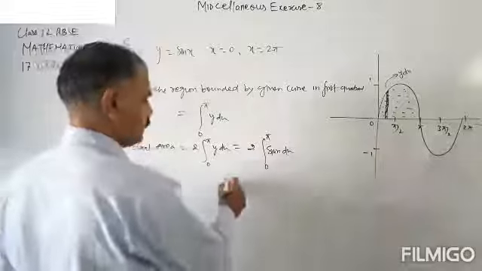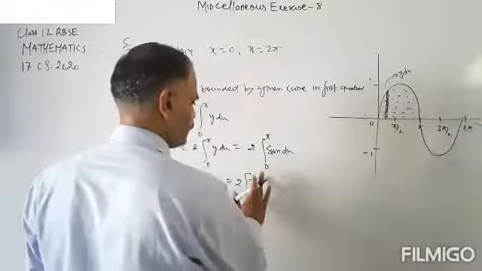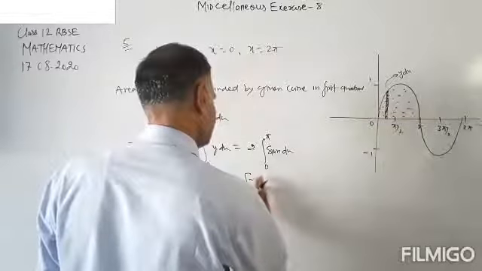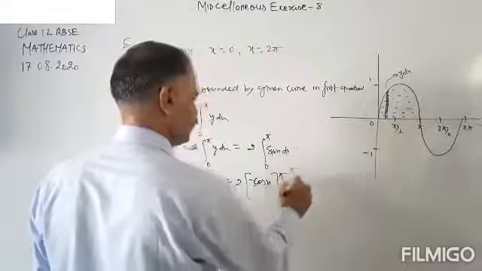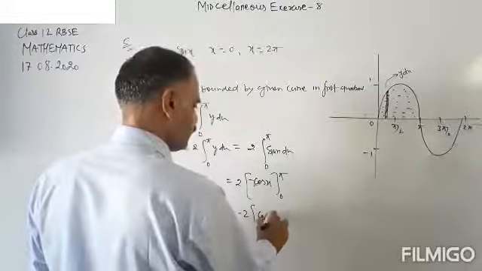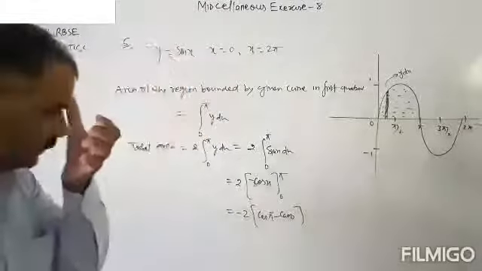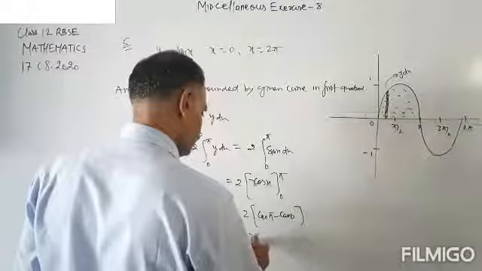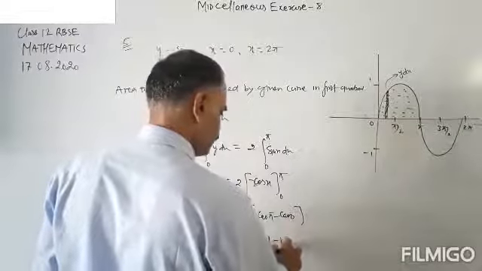So total area is equal to double of the integration of sin x, which is minus cos x, with limits varying from 0 to pi. So this is equal to minus 2 into cos pi minus cos 0. Cos pi is minus 1, cos 0 is 1.